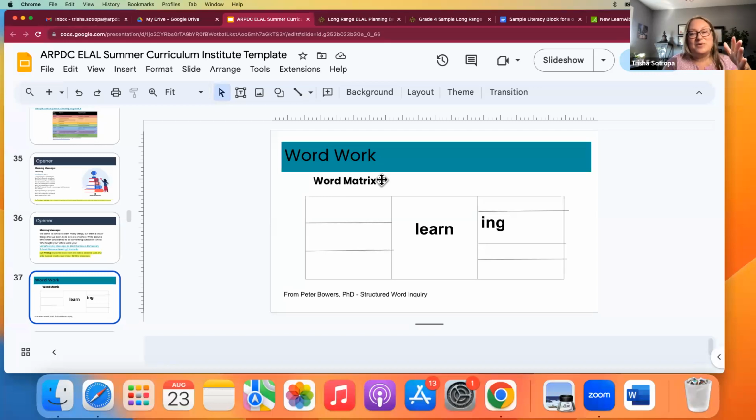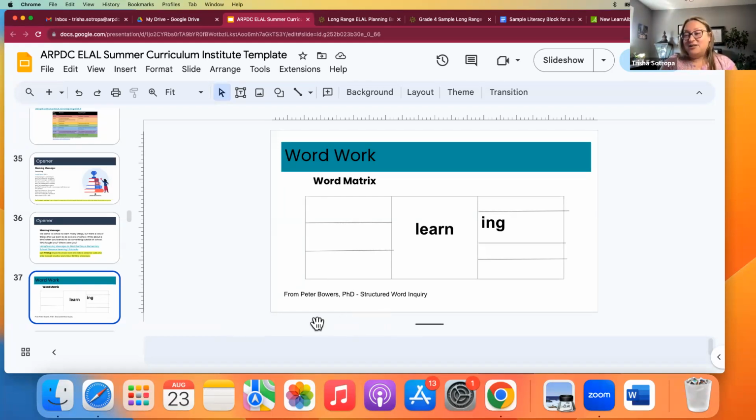Actually, it was about morphology. Someone asked if they were doing morphology, what kind of work would we use and what do we recommend? And I've done a few sessions with Peter Bowers. All of his information is quite easy to find in a quick Google search, but he does structured word inquiry.